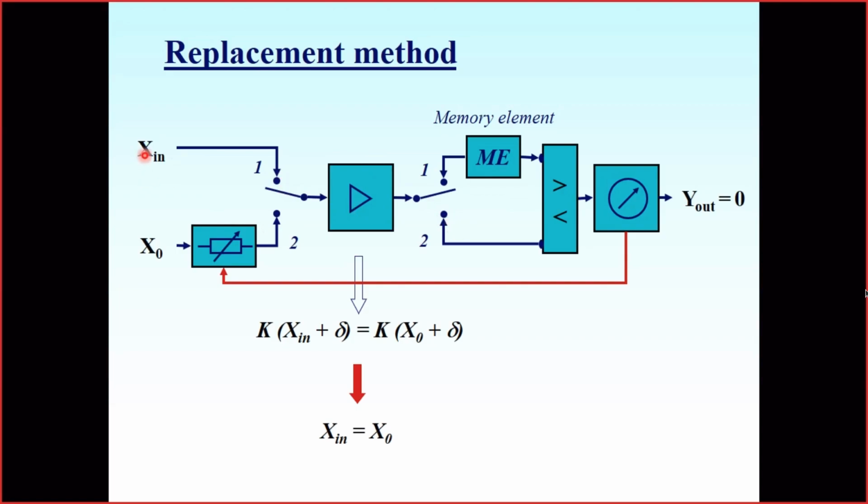So I put my input value on one of the inputs of my comparison device, but the second input is connected with this memory element, and then I regulate the memory element until I get the balanced output. So I use here a zero method.